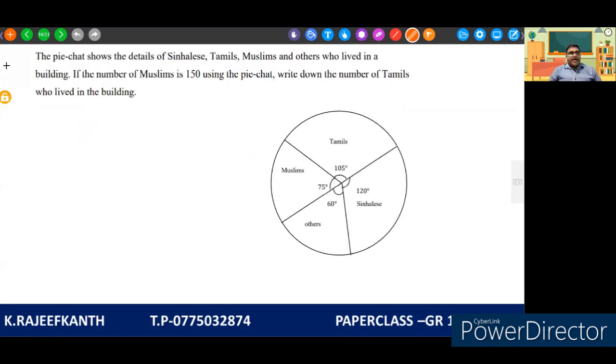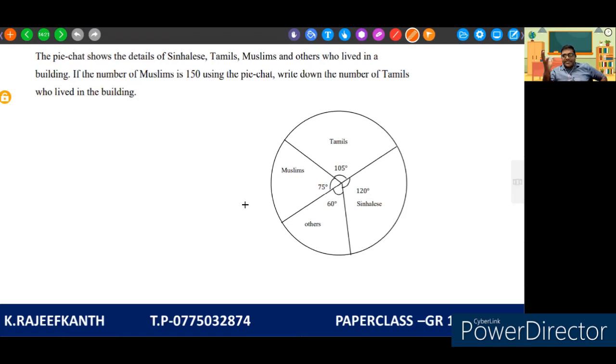The pie chart shows the details of Sinhalese, Tamils, Muslims and others who lived in a building. If the number of Muslims is 150, using the pie chart, write down the number of Tamils who lived in the building. Here this is the pie chart. We know that around the center there are 360 degrees.